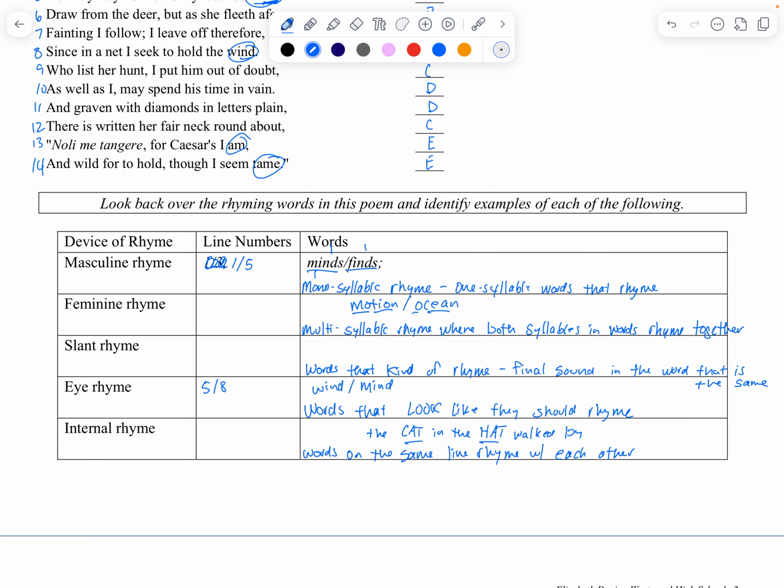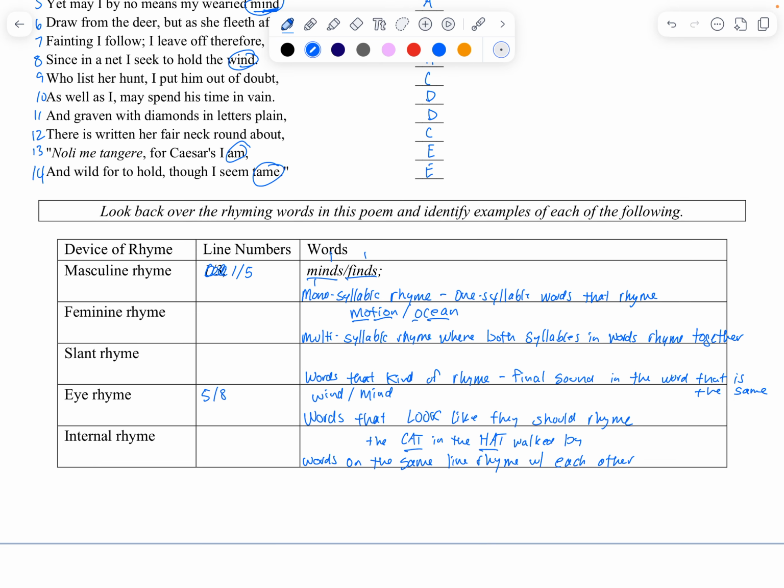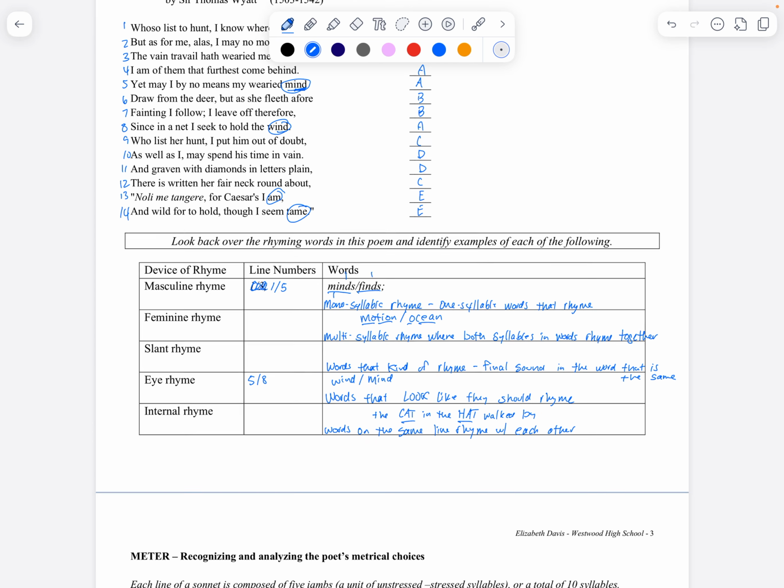They're on the same line, so that is an internal rhyme. So identifying the types of rhymes is important because when we have rhyming words at the end of lines, they often reveal key concepts. And again, we'll talk about this when we talk about diction, okay?